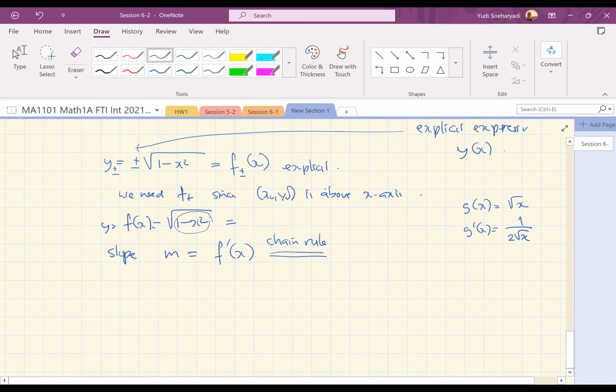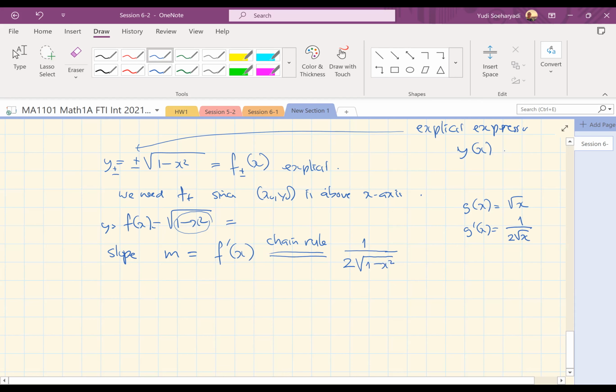Square root is the outside function. So what we get is 1 over 2, because this is the derivative of the outside function computed at the inside function.